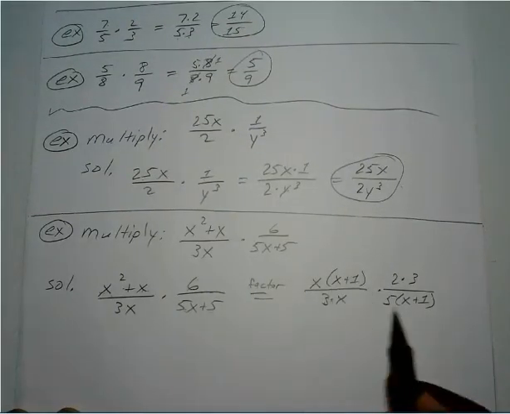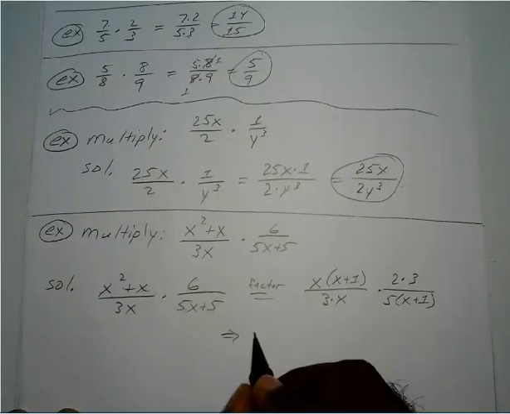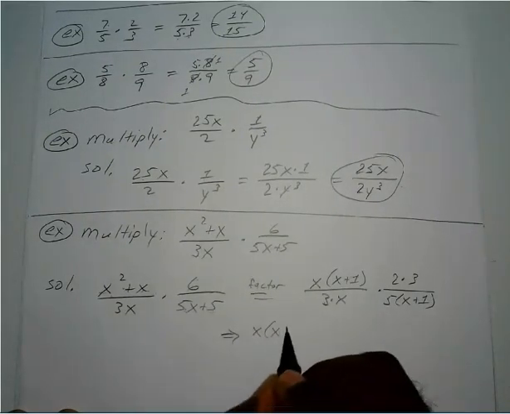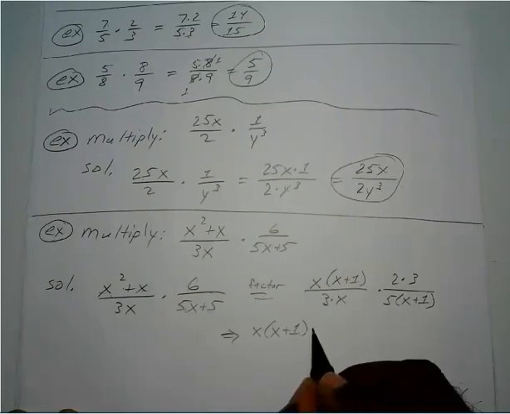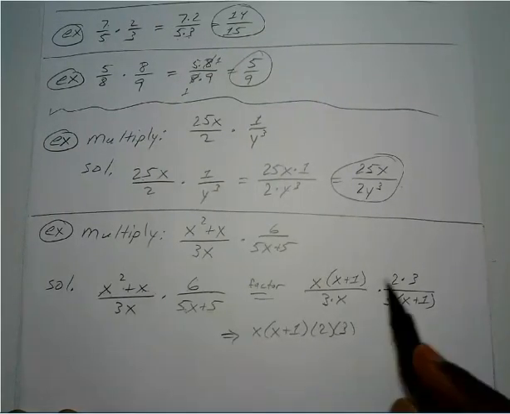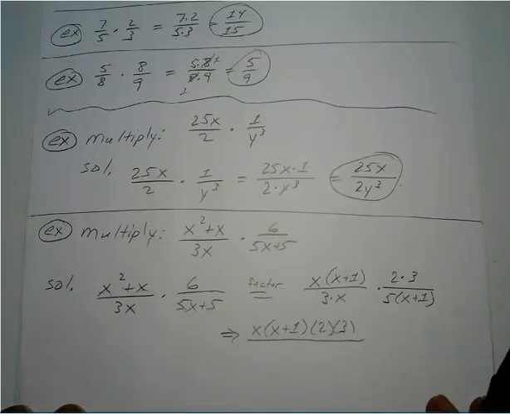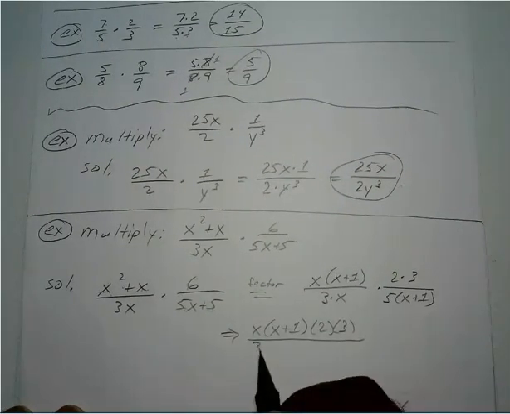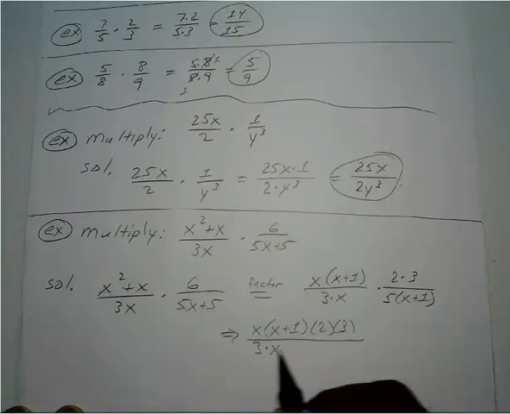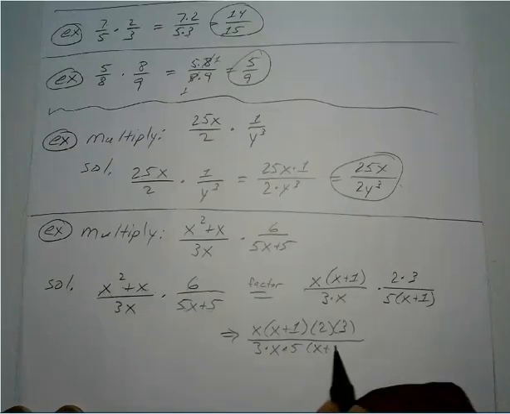Alright, so if we just combine all of those, you will see we will have x times x plus 1 times 2 times 3, because all we did was just multiply everything up top, over 3 times x times 5 times x plus 1.